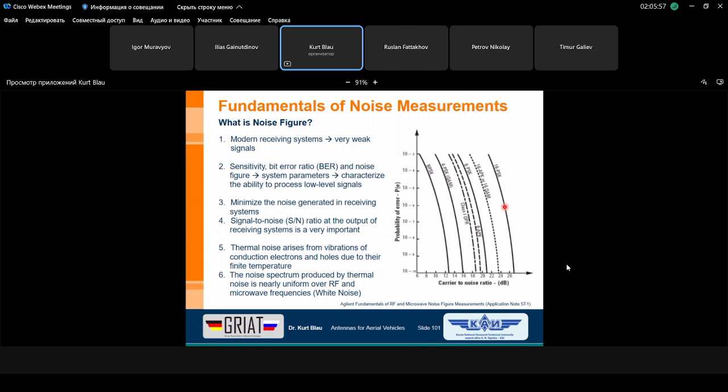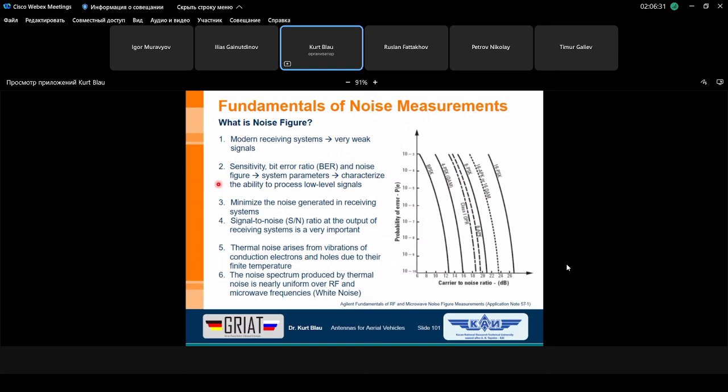And here in case of the BPSK, it's only larger than 10, 11 dB. And the difference between these modulation schemes here is larger than, let's say, 14 dB. This is the range covered by the different modulation schemes.